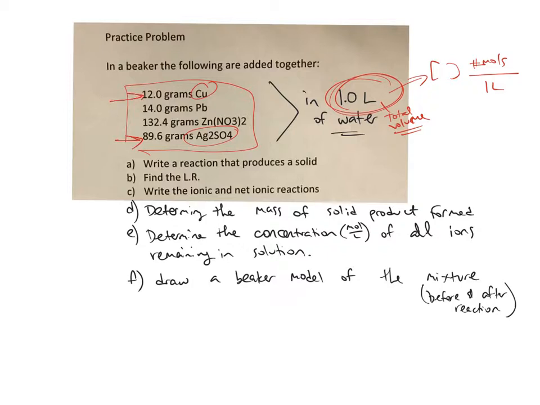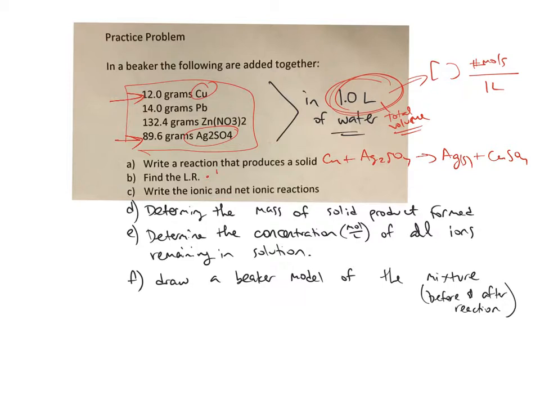So I would look at these two and I would find my limiting reactant. To do that, I would do theoretical yield. So this would be copper plus the Ag2SO4, which produces your silver solid and then your copper sulfate. Right, so there's our reaction. We would find the limiting reactant.